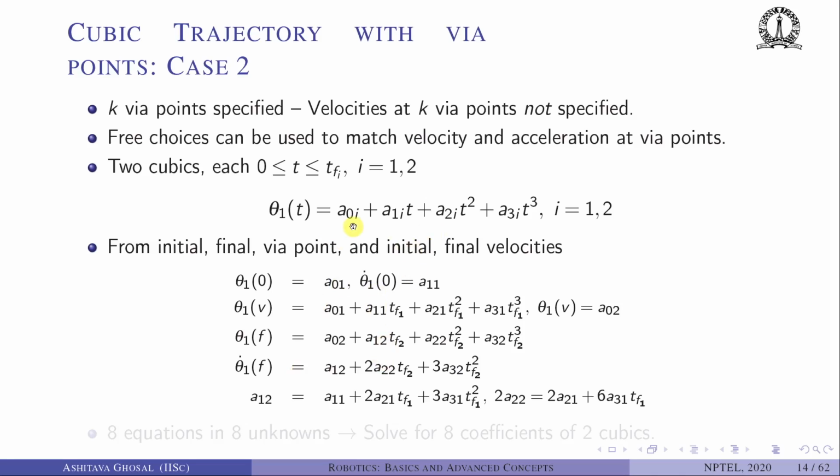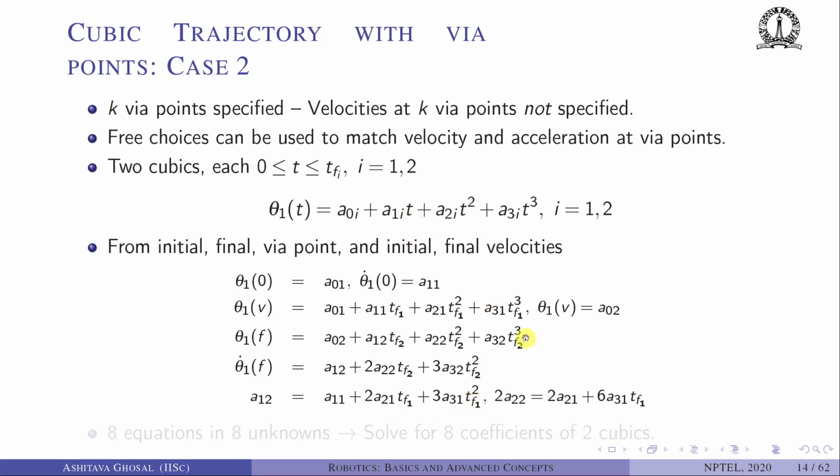Now what we can do is we can match the velocities and acceleration at the via point. Okay, so the velocity is the first derivative of this at t equals tf1 and will be equal to the start of the next segment. So we will get one equation which is a12 is given by a11 plus 2a21 tf1 plus 3a31 tf1 square.